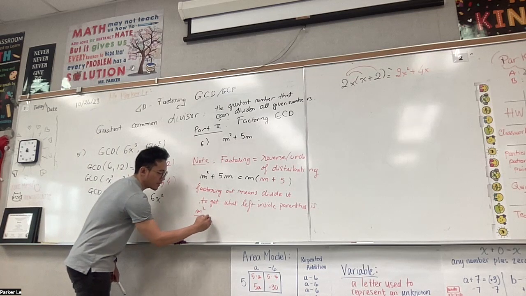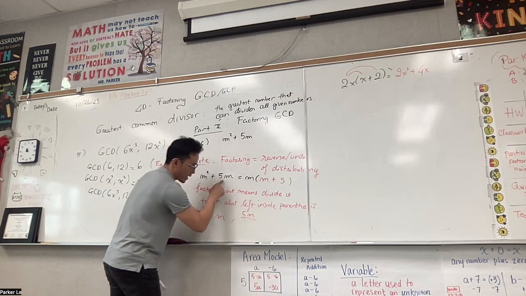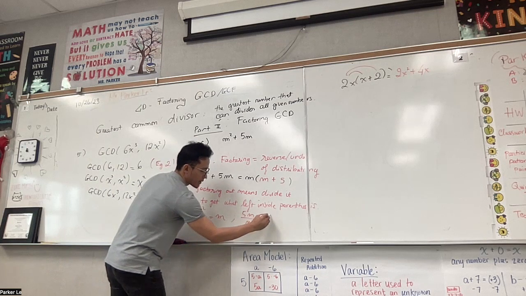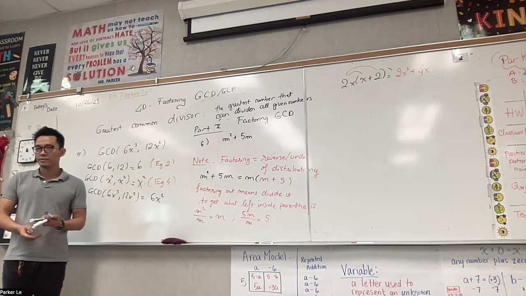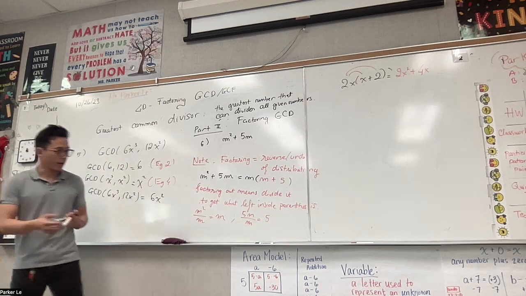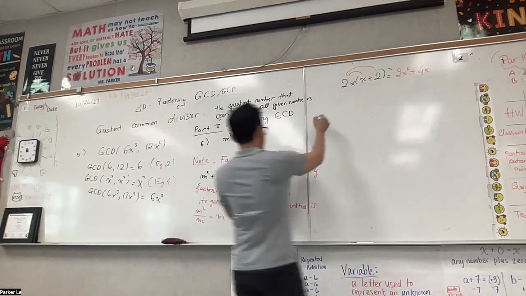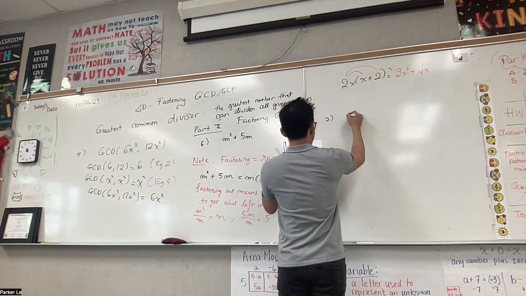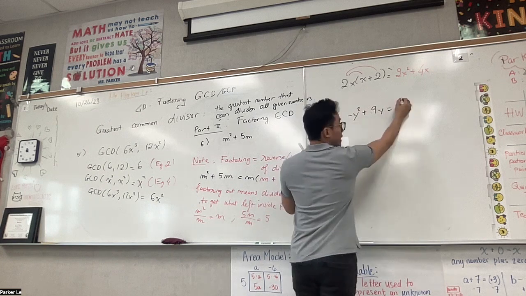That means divided by m to get what I have left. Originally I have 5m. I took out m. That's 5. That's what it means. Okay. That's the last number. Got this?